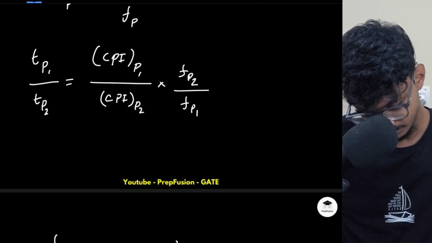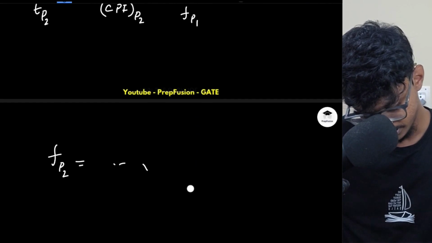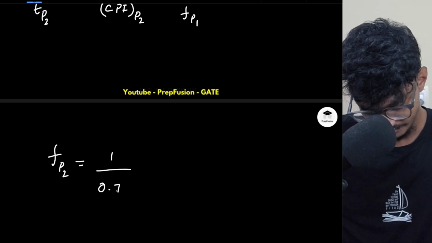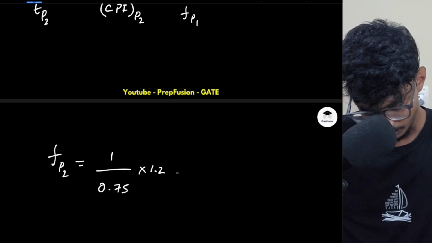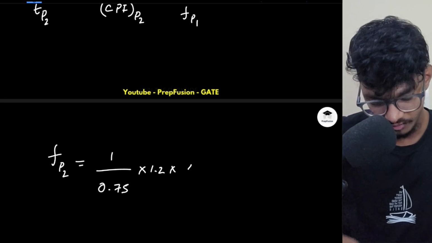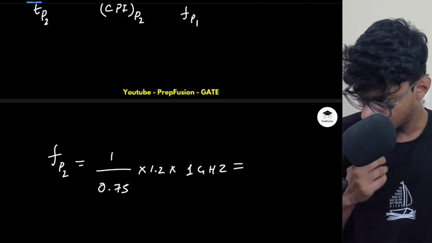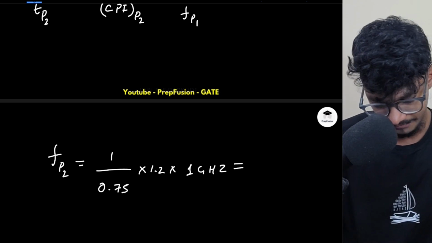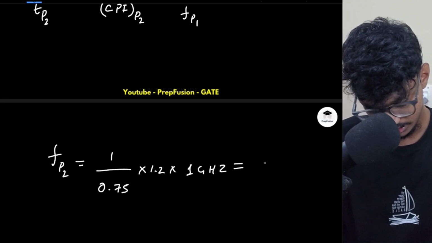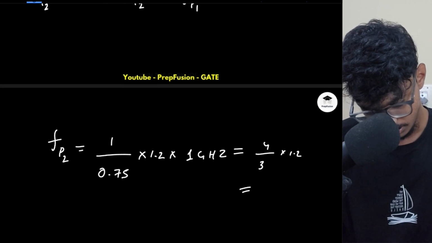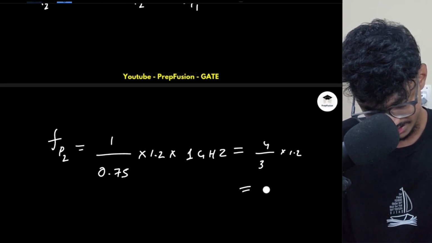That is my minor mistake, so actually this will just be swapped. So it will be 1 by 0.75 into 1.2, and what is FP1? FP1 is 1 gigahertz, correct? So I can quickly calculate, this is 3 by 4 into 1.2, so this is 0.4, so this will be 1.6 gigahertz.